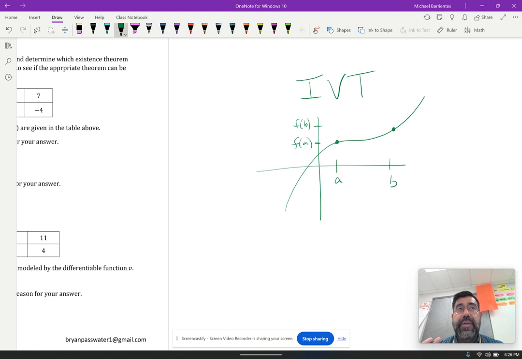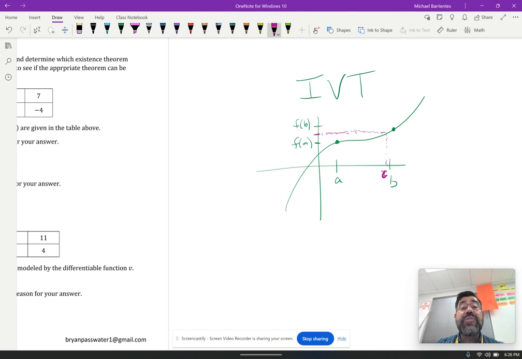The big idea behind the intermediate value theorem is, if my function is continuous, and that's the big if, then any y value that's in between, and it doesn't even have to be halfway, just somewhere in between my endpoint y values, there's going to be an x value, maybe I should call that C, in between A and B that will produce that y value.